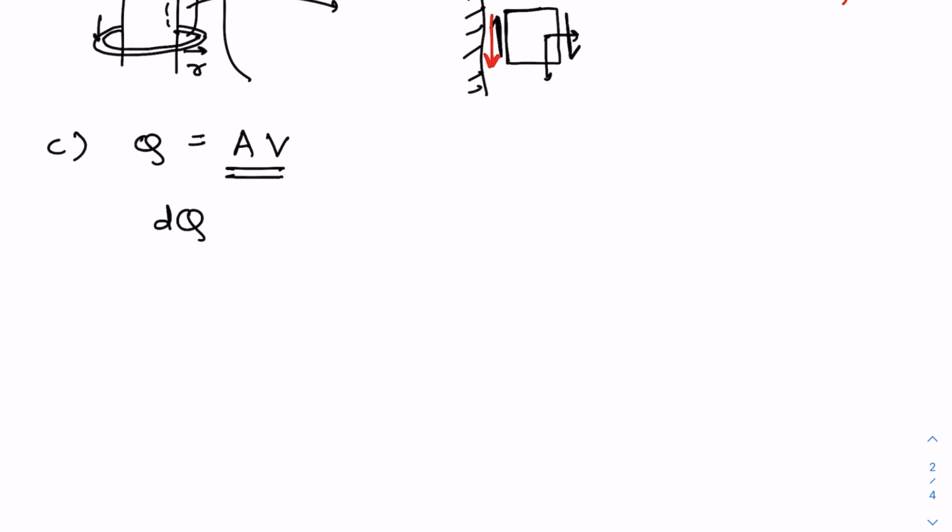So here, let's say this ring is at a distance r, then dq passing through that small ring will be uz at r multiplied by the area of that ring, which is again 2 pi r dr. So 2 pi r is the circumference and dr is its thickness.